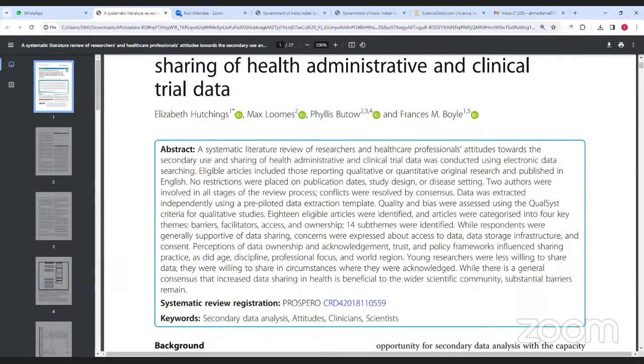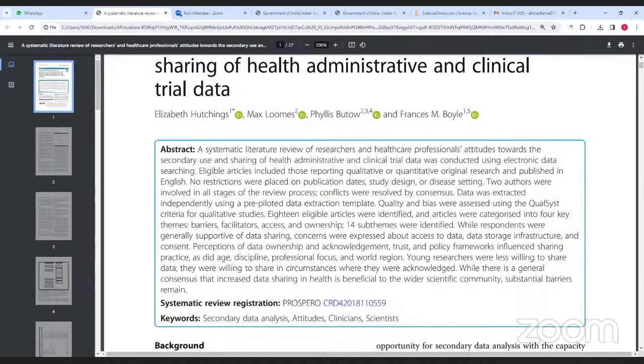Okay. Another important issue is that two authors were involved in all stages of the review process. So this is very important.